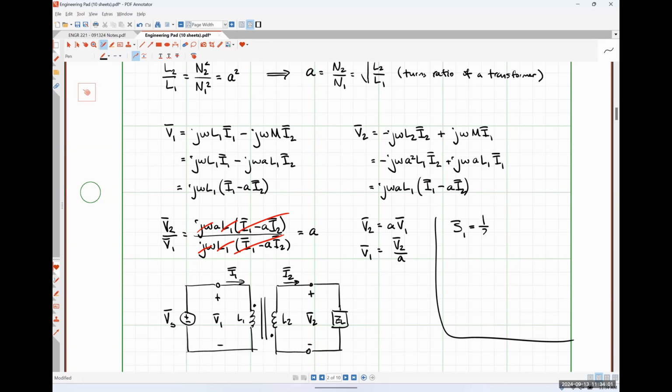So 1/2 V1 I1 conjugate. Okay. S2, this will be the power supplied by coil 2. What should that be? 1/2 V2 I2 conjugate, right? Because this current is entering the negative polarity terminal.